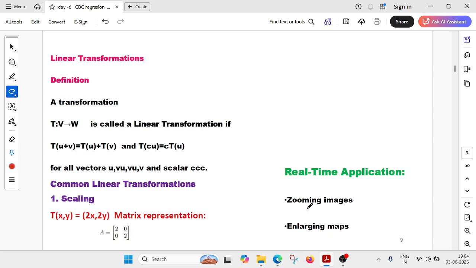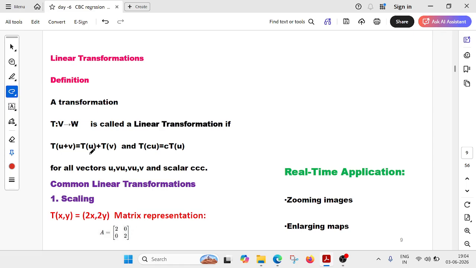Now, linear transformations. This is very, very important. I already explained it to the CSE F students, not to you A, B, C sections; I hope different teachers explained it to you. A transformation T from V to W is called a linear transformation.